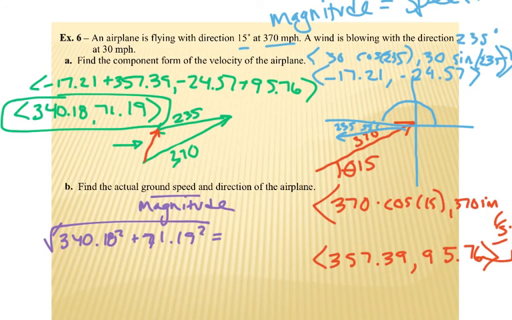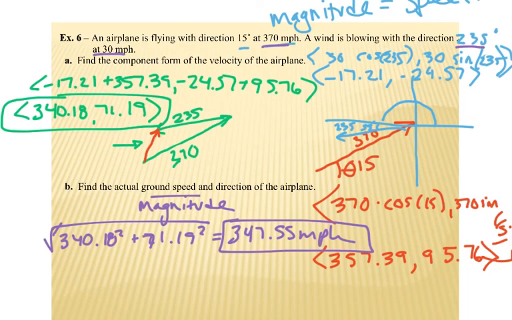So apparently the resulting miles per hour is 347.55 of this plane. And so again, it was going 370, but it does have this 30 mile per hour backwards, basically, wind. So we do need to account for that. It's like going uphill.